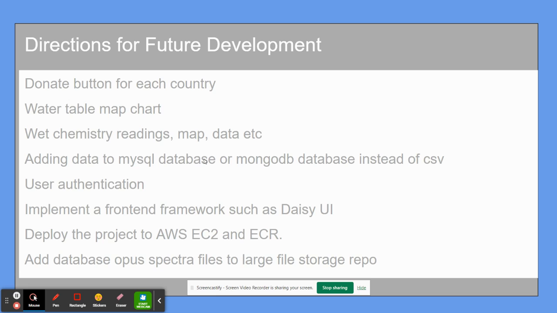Adding data to a MySQL or Mongo database instead of using CSV. We can put this CSV data into the database. We didn't have time to do that, but the best thing would be to put it in a MongoDB database so that we can search through it, traverse that data, and display it in easier ways.